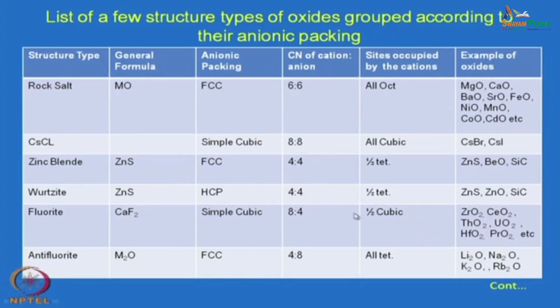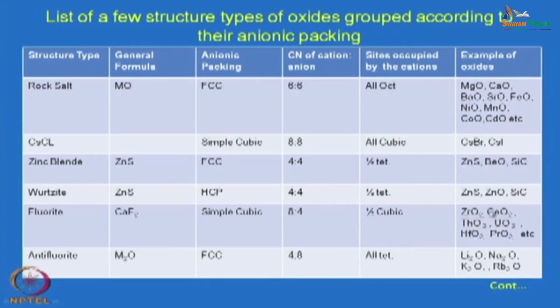Half of the cubic sites, that means the 8-fold coordination sites, are filled up in the fluorite structure. So, in fact, not all the cubes, or body centers of the cube, are filled up, only the alternate cubes are filled up with the cations. Okay.